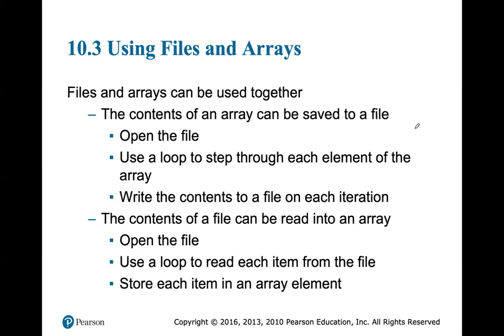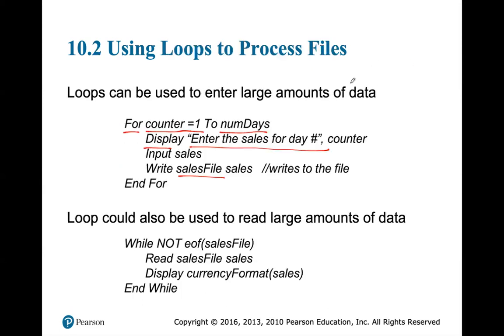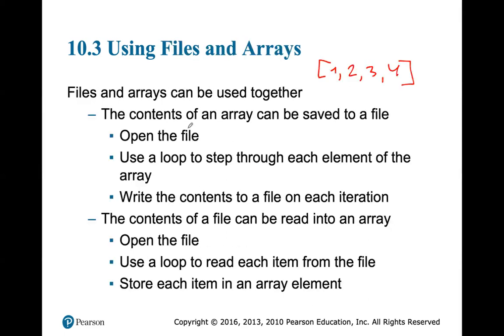You can also use arrays while you're working with files. And let's recall arrays. Arrays are just basically like a list of items. So for example, if we have a list of numbers from 1 to 4, this is an array of integers 1 through 4. Right here.